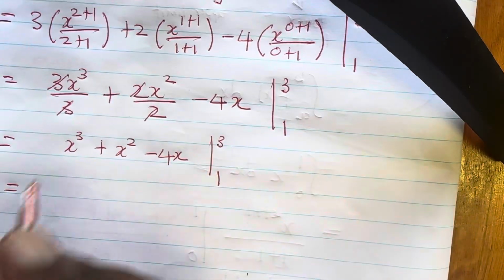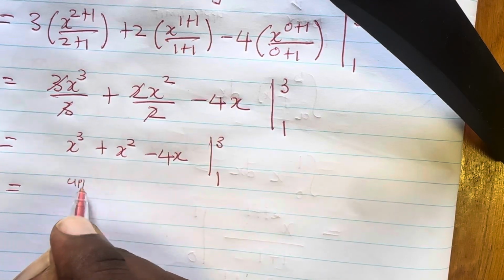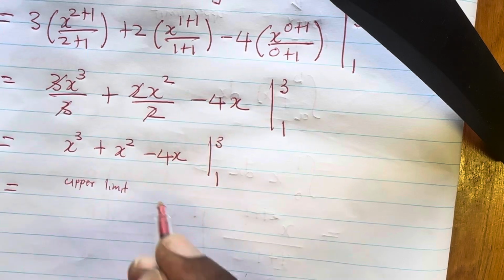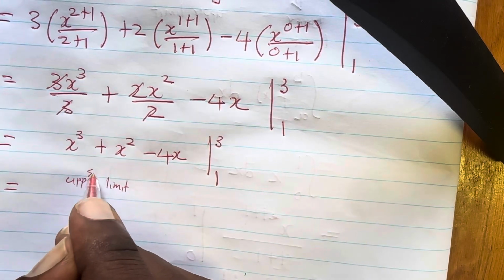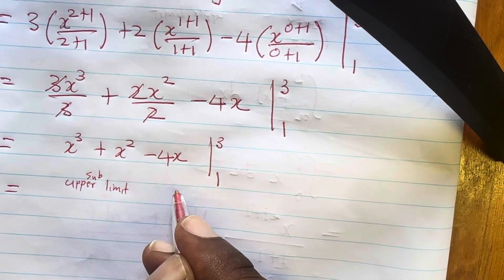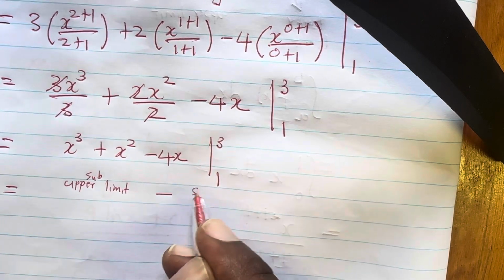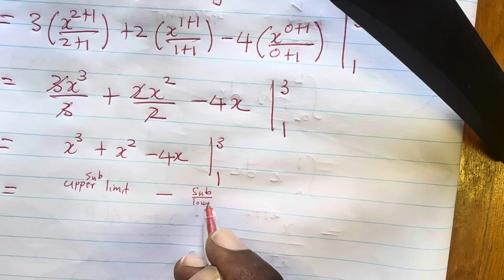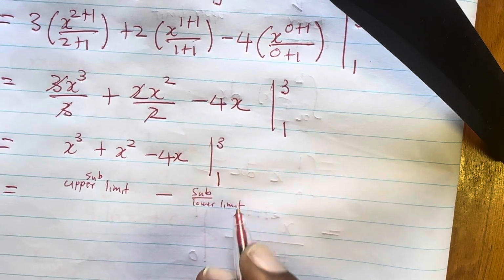Remember, we substitute the upper limit, minus the substitution of the lower limit.